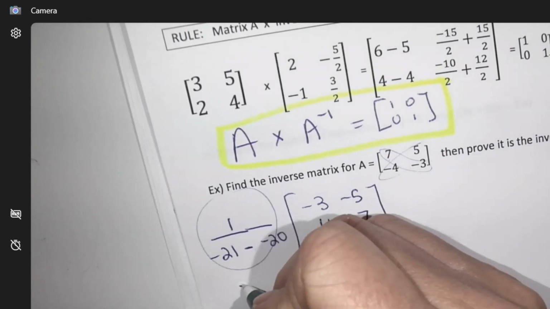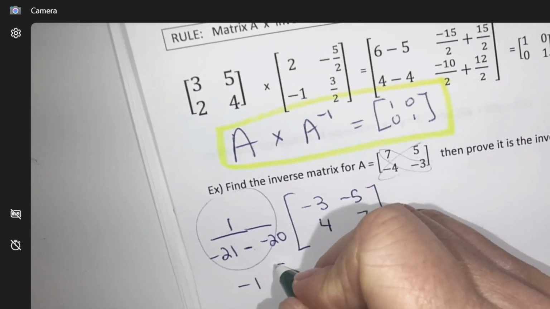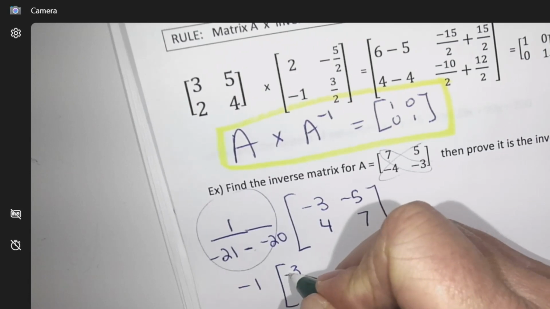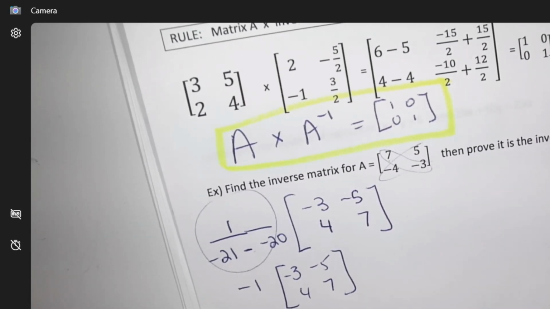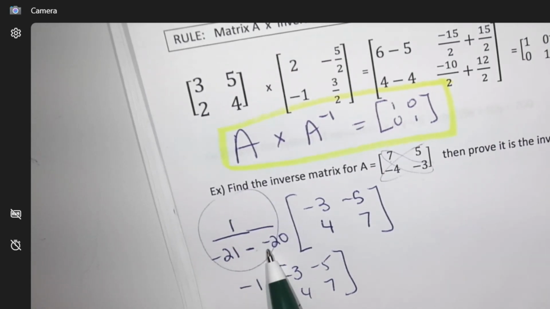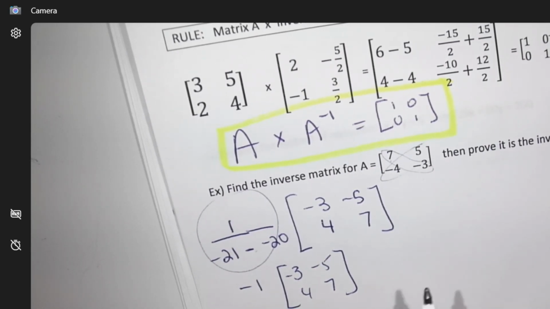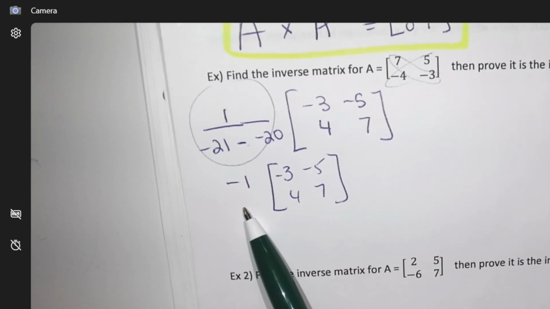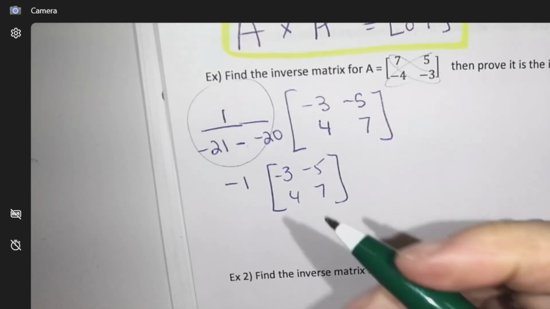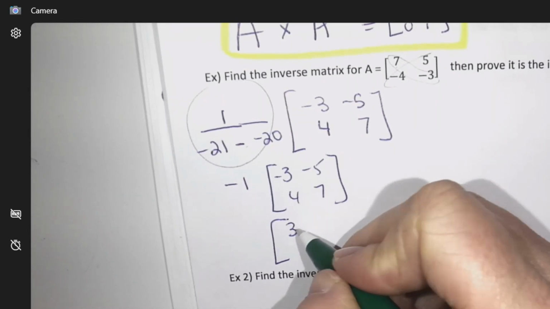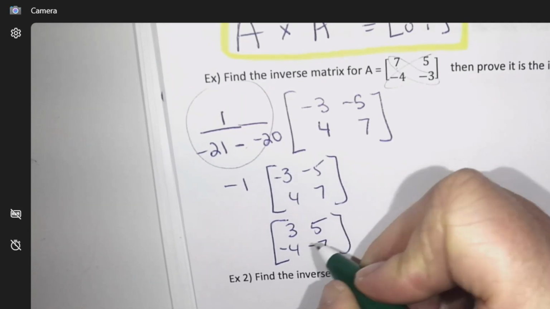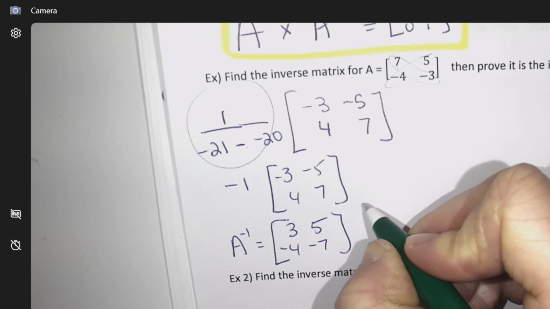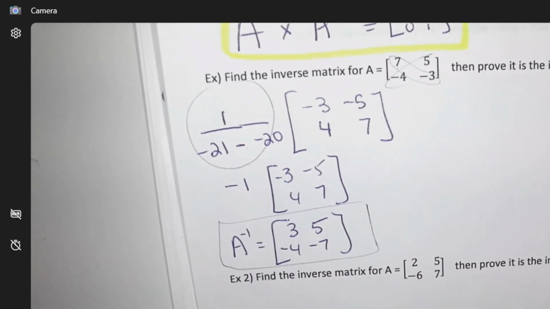It's just negative 1. And then if I times the negative 1 by that, it would be positive 3, positive 5, negative 4, and negative 7. So there's my inverse.